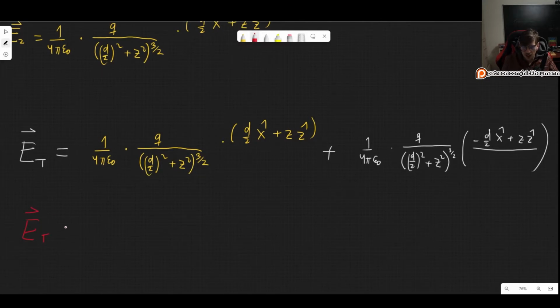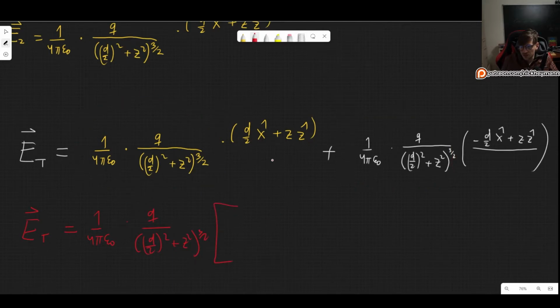So the total electric field, we can factor out this, we can factor out this. So we get 1 over 4 pi epsilon 0 times q divided by d over 2 squared plus z squared to the 3/2, right? Because it is here and there, so we can factor it out.